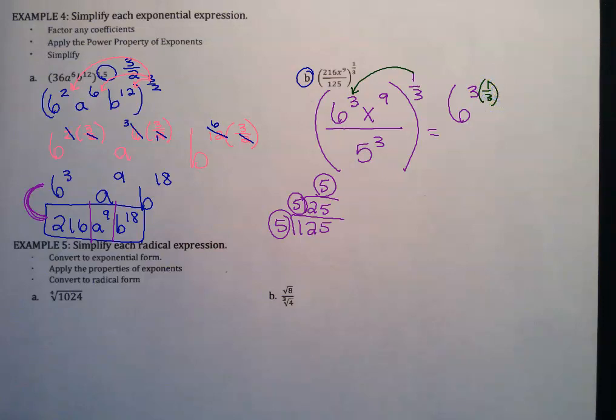Ethan, I'm going to have x to the 9th times what? Times 1/3. Okay. And Josh, 5 cubed to the 1/3 power. All right, so now I'm going to have 5 cubed times 1/3.